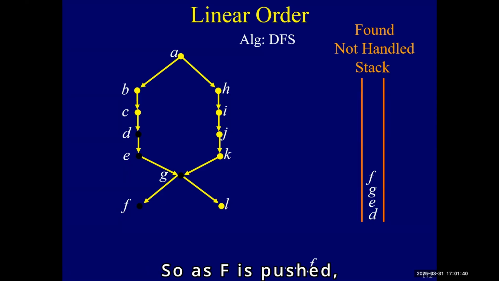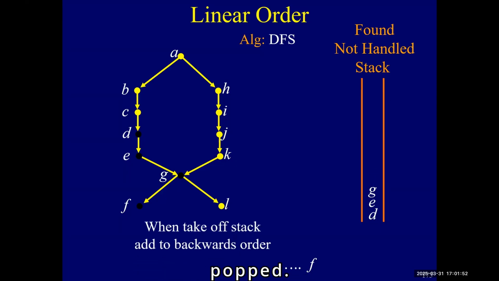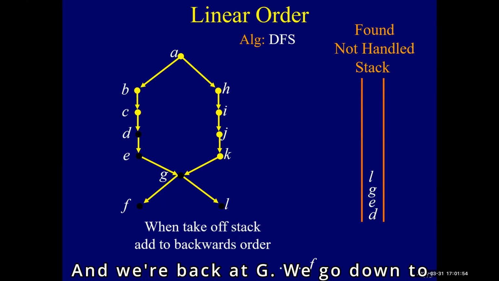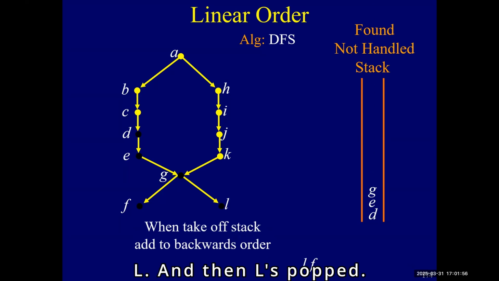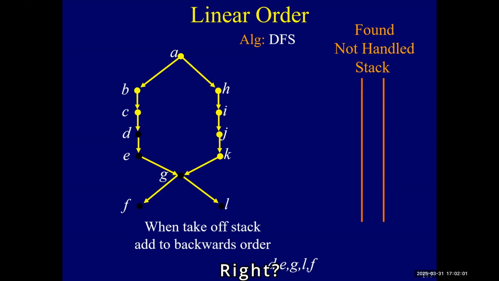As F is popped off the stack, because there's nothing else there, we print it backwards. So F gets printed, then F's popped. We're back at G, we go down to L, and then L's popped. Then G's popped, and E's popped, and D's popped. Everybody buy that? Now our stack is empty, but the nodes we've printed have good solid breadcrumbs on them, so we're not going there again.